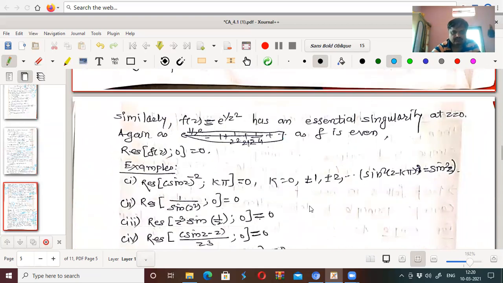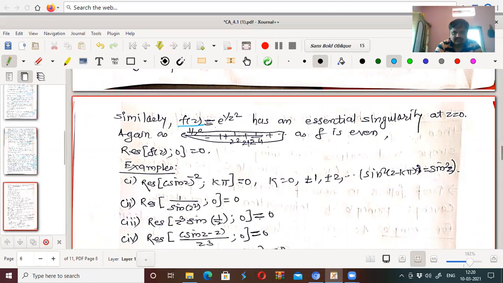Similarly, if f of z equal to e to the power 1 by z square, we know that this function has an essential singularity at z equal to 0. Now, is this function even or odd?